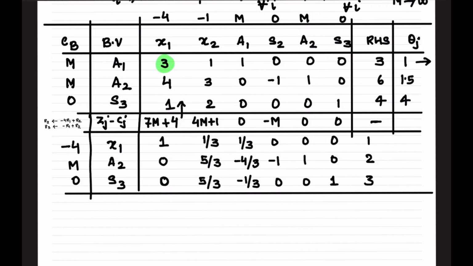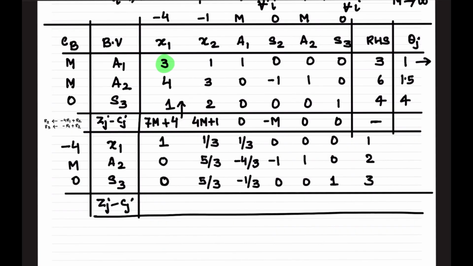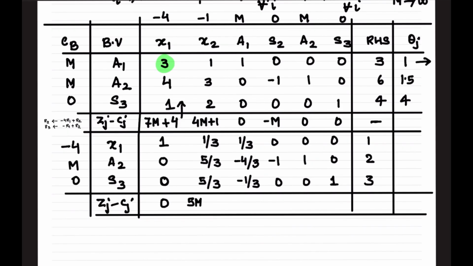Now we calculate Zj minus Cj. What is Zj minus Cj? This is 0. Next value, A1 we do not calculate because A1 has already left.